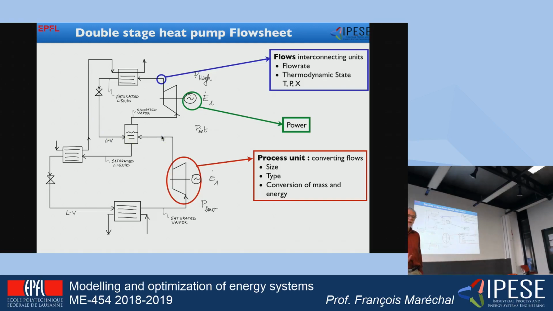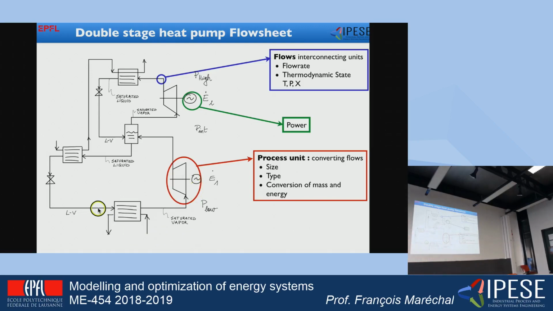Okay? And for doing this, I will need models that are going to represent how the process units work. Here it's a compressor, that is going to transform the state from one state to another. The same in the heat exchanger.